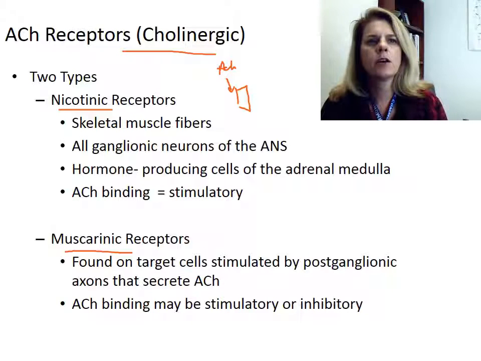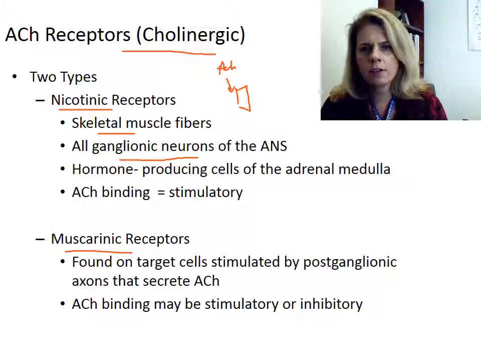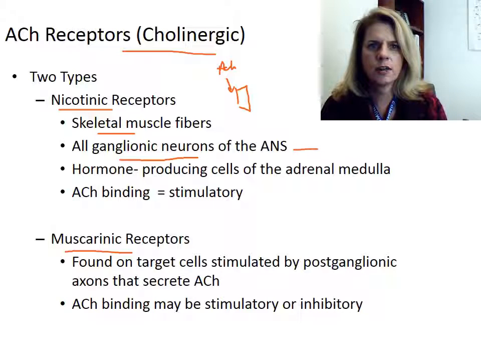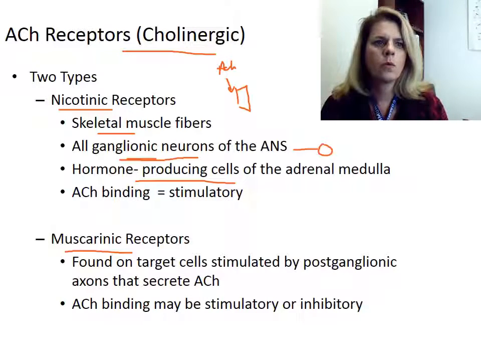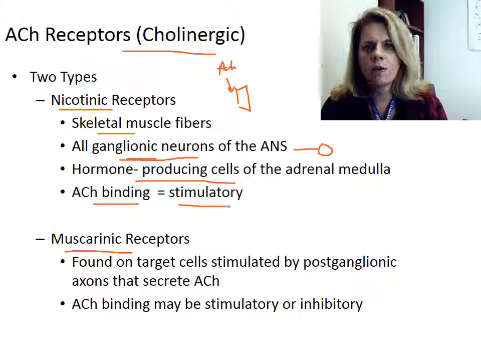Okay, so the nicotinic receptors, those are the ones found on skeletal muscle and all the ganglionic neurons in the autonomic nervous system. So remember, you have that chain, you have that ganglion. So in the skeletal muscle and in those ganglionic neurons of the ANS, you have nicotinic receptors. Also, the cells that produce the hormones norepinephrine and epinephrine in the adrenal gland. When acetylcholine binds, it's always stimulatory.